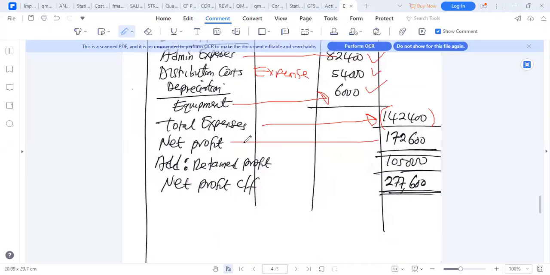So we're supposed to add the retained profit of 105,000, and it gave us the net profit carried forward after adding these two. The 172,600 plus this is giving us 277,600.